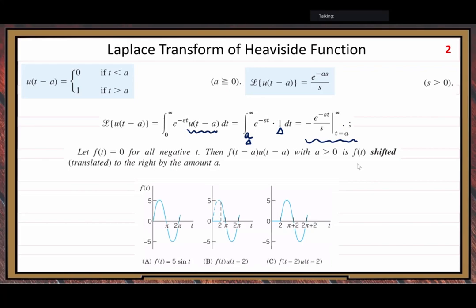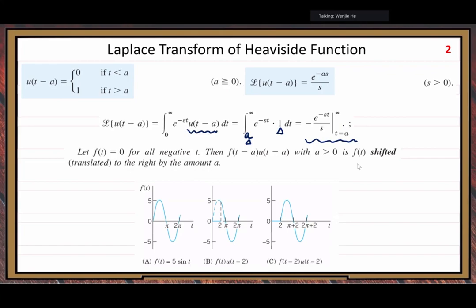Then we try to see what's the difference between B and C. In B, we do not shift this little f function. We only shift the u function. But in C, we shift 2 units to the right, both the f function and the u function, to let you see the difference. First, we copy the graph of the f function from case A. Then we use the u function to chop it, to take part of the graph.